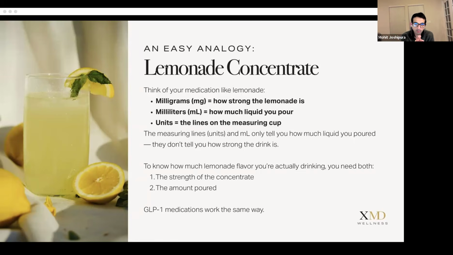To know how much lemonade you're actually drinking, you need both the amount of lemonade in your cup, or the amount poured, and the strength of the lemonade concentrate. GLP medications work in much the same way when prescribed through a personalized formulation like ours.